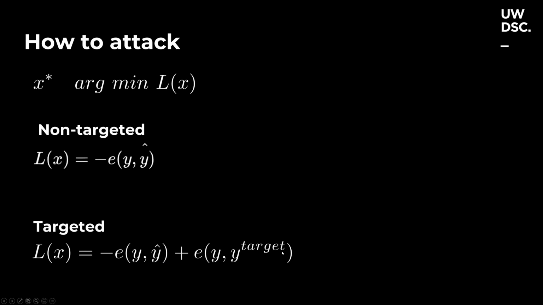Adding this extra term is basically improving your network's stability based on the non-targeted loss function. It's kind of like regularization, but we guide it towards that. So the goal is still to produce predictions that are far from the original model's prediction.